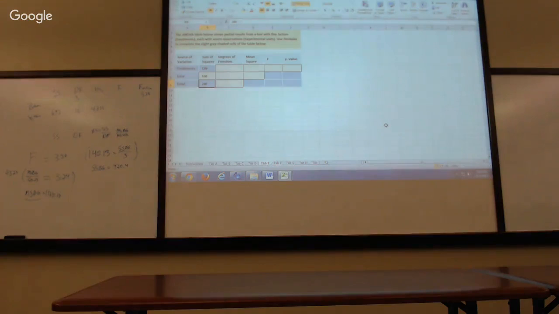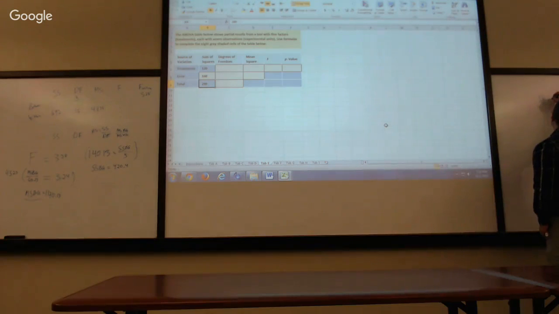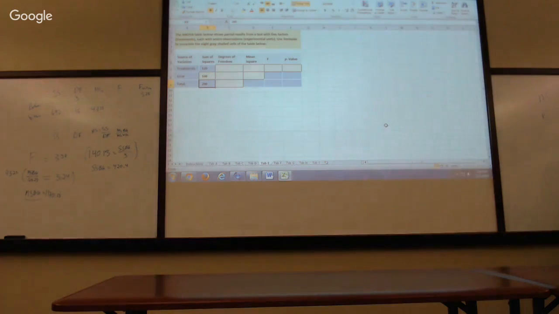The next part, we have to figure out what our degrees of freedom are. In order to do that, we have to figure out our N and our K. N is our total sample count, and K is our number of divisions in the sample.